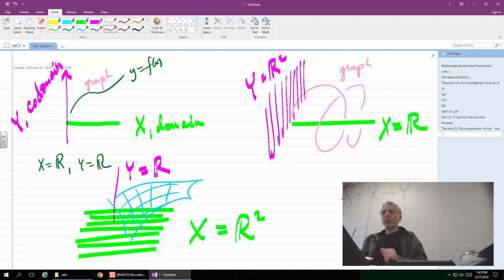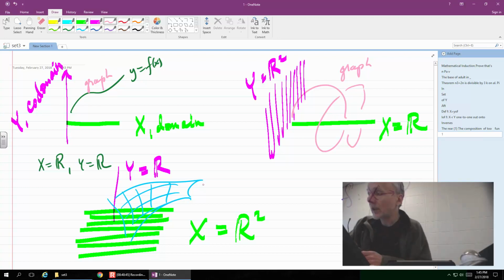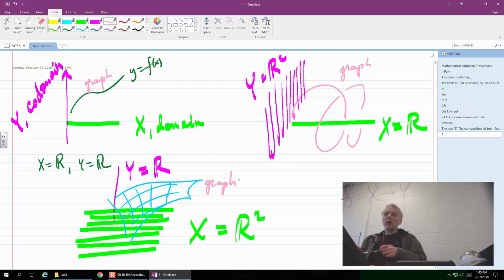Okay, and finally, the input is a vector, or just an element. Doesn't have to be a vector, a point in the plane, and the output is a real number on that vertical axis. Okay, but once again, this is the graph. So I want to talk about graphs in this more abstract set theoretic sense.